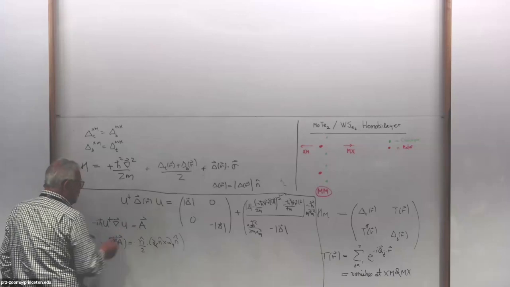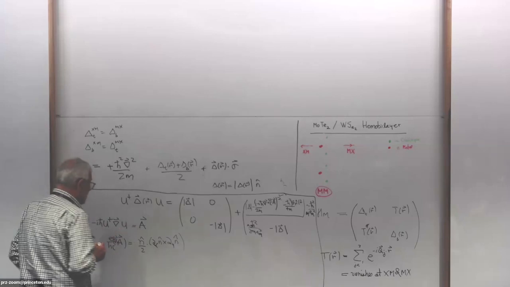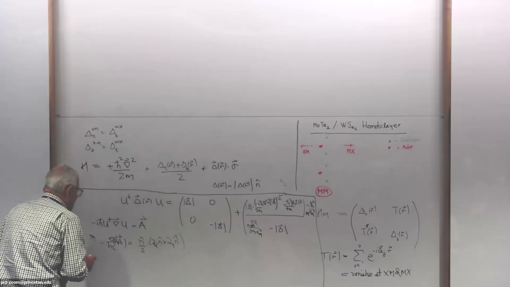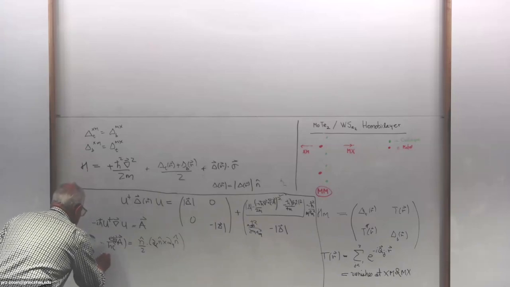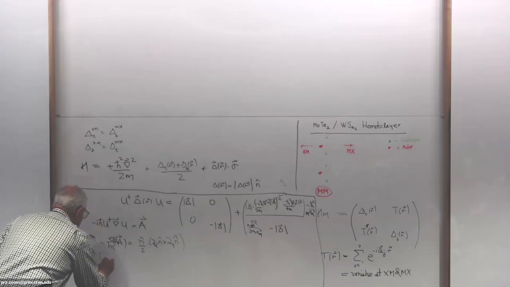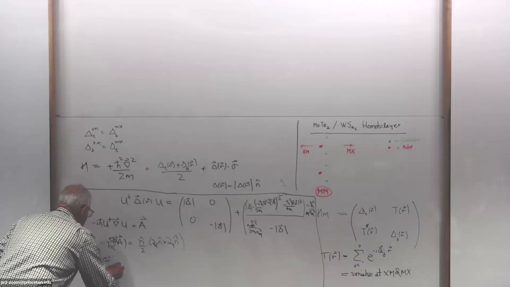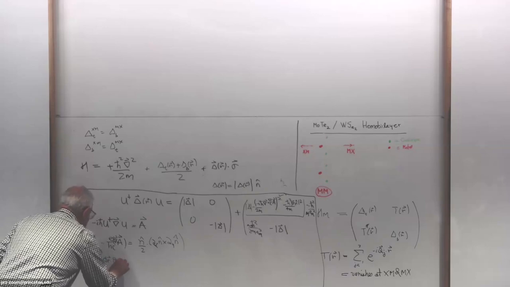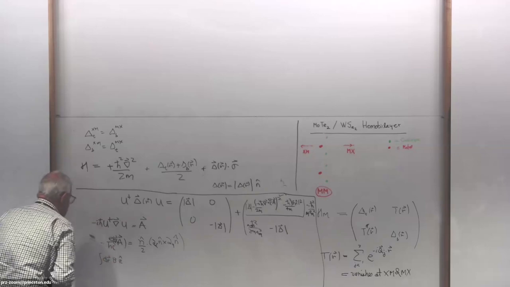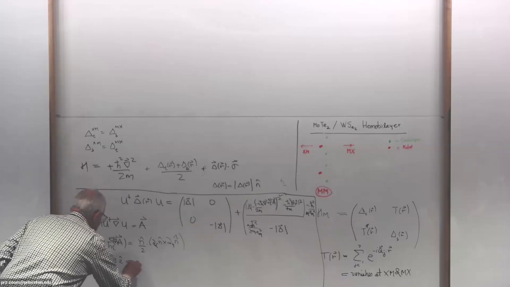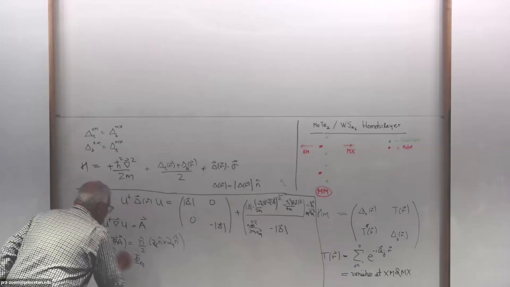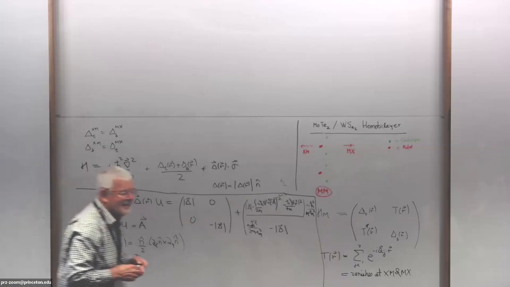And so I can map it to a problem then that's got a position-dependent magnetic field. But the position-dependent magnetic field has the property that if I integrate it over one unit cell of this 2D system, which is in the z direction, I get one flux quantum of magnetic flux. Okay?